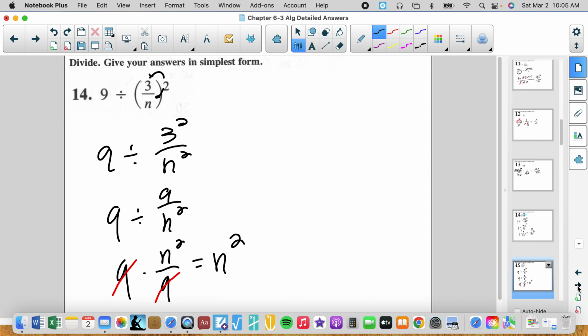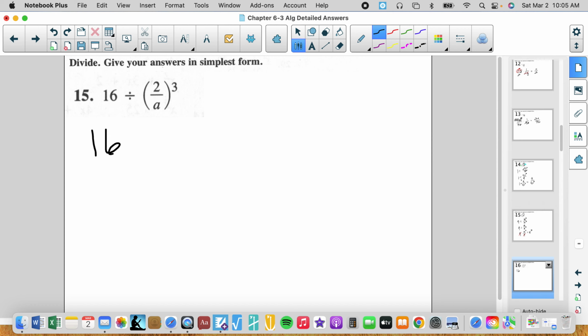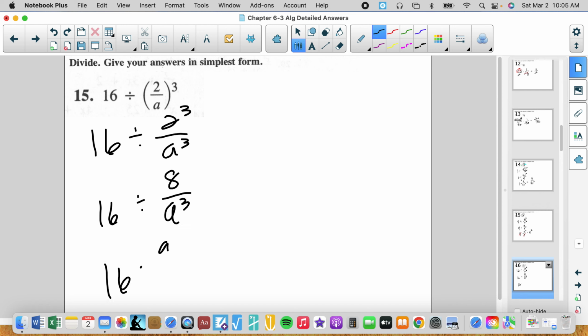N squared. 16 divided by 2 cubed, a cubed. 16 divided by 2 cubed is 2 times 4, which is 8, a cubed. 16 times a cubed over 8. 8 is in the denominator, 16 is in the numerator. That goes 2 times, and we're left with 2a to the third.